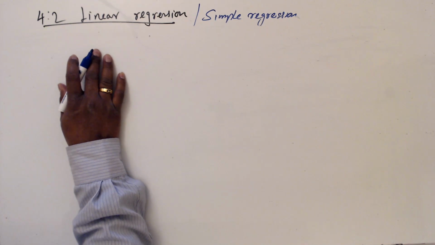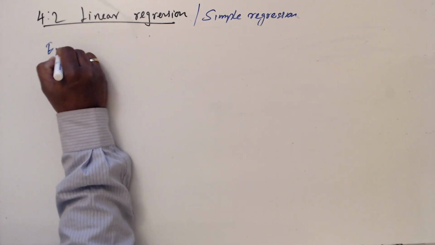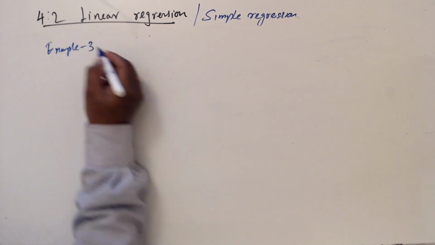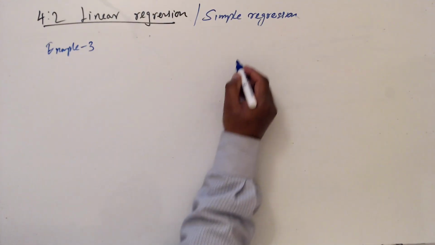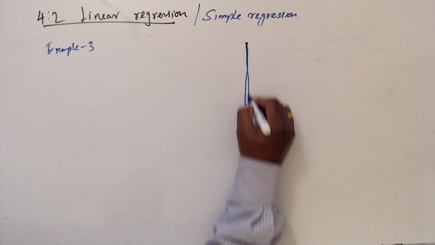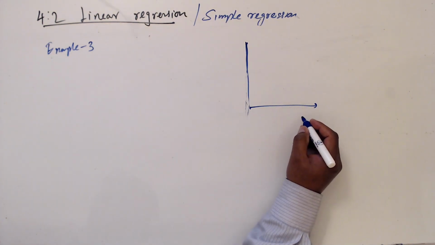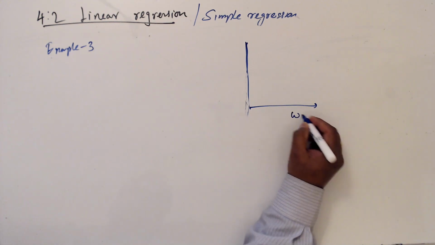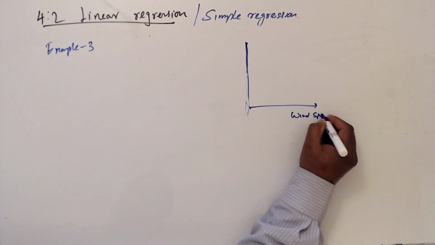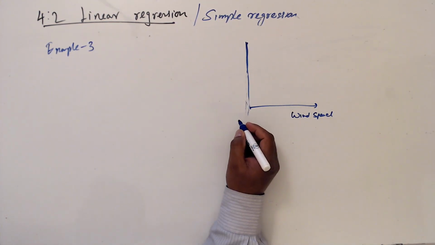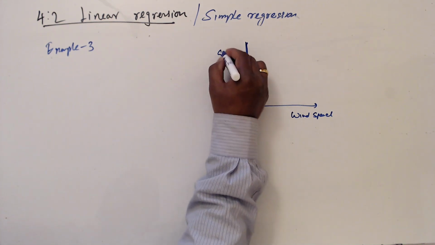And let's discuss example 3. So we have wind speed and gust.